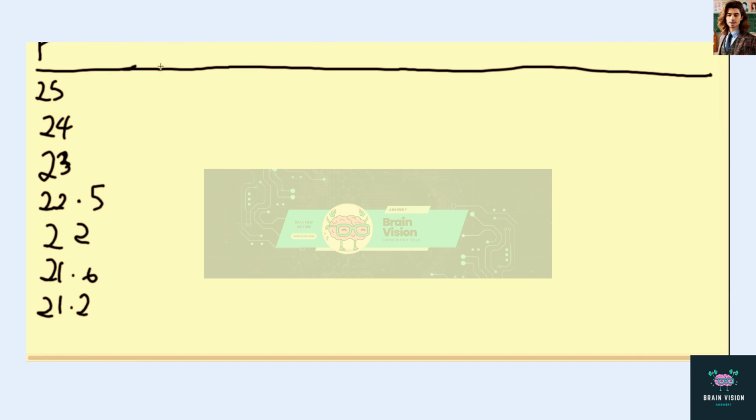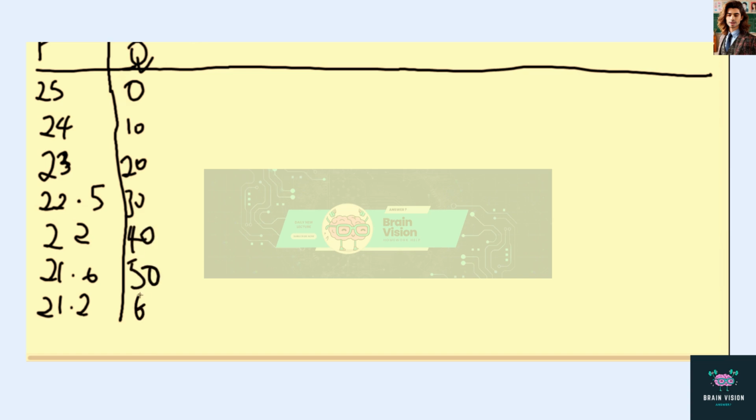We also have the quantity. The quantity is 0, 10, 20, 30. I'm trying to draw a line so you can tell the difference between them. We have 30, 40, 50, and 60.